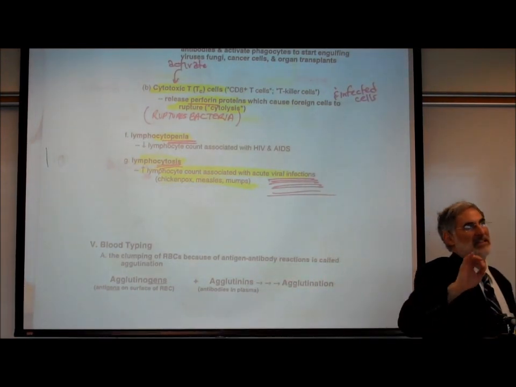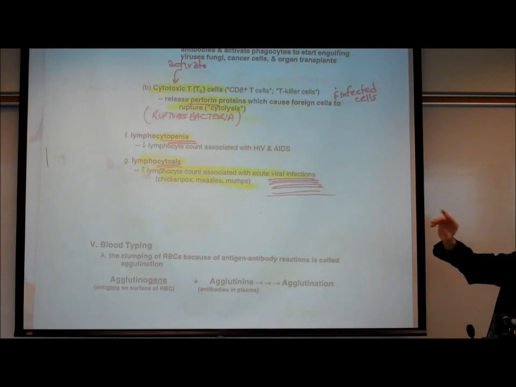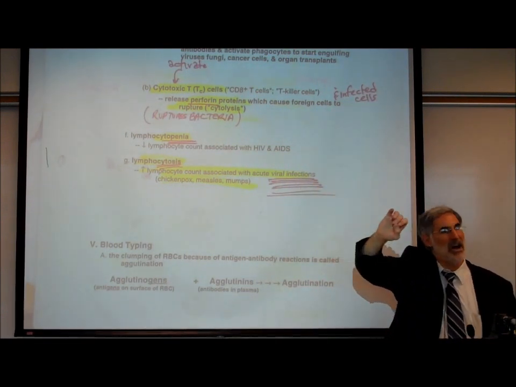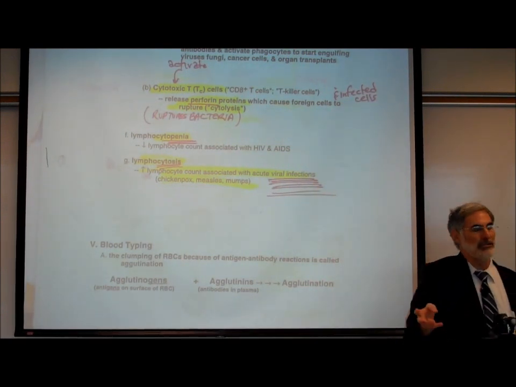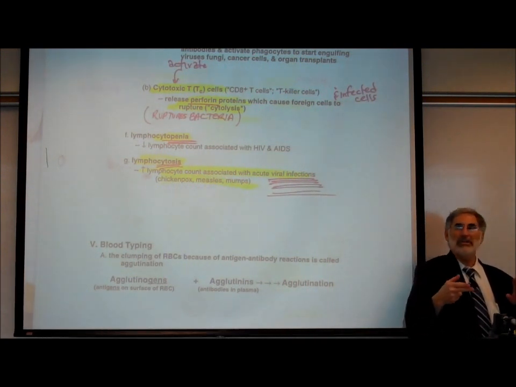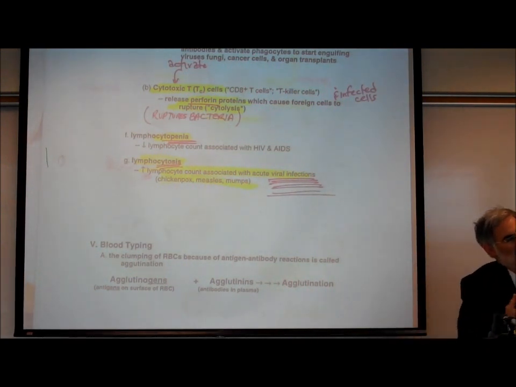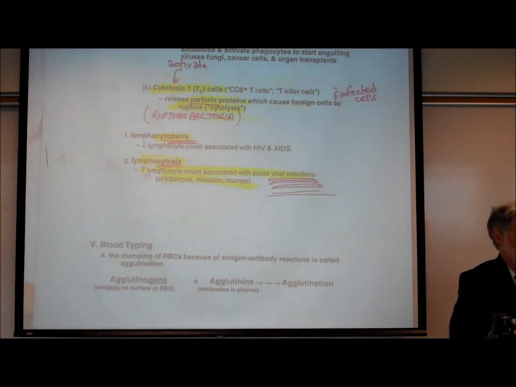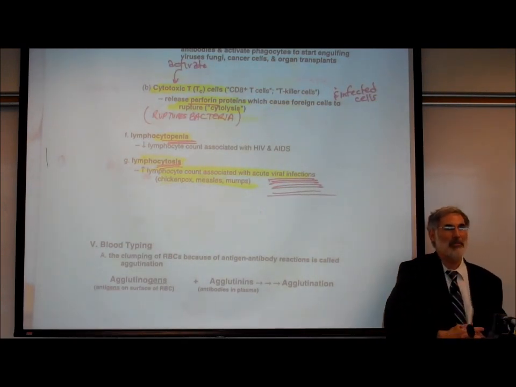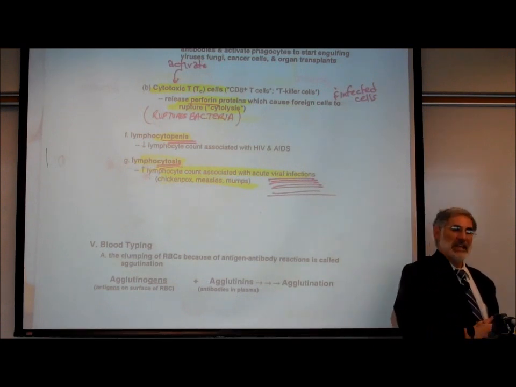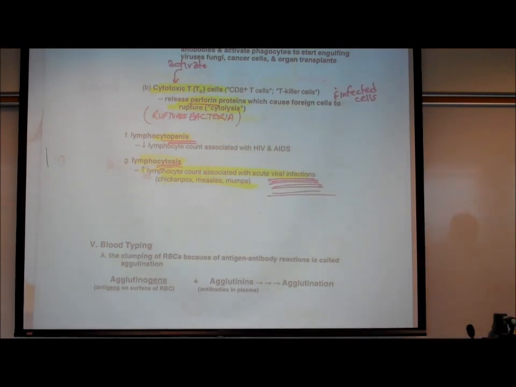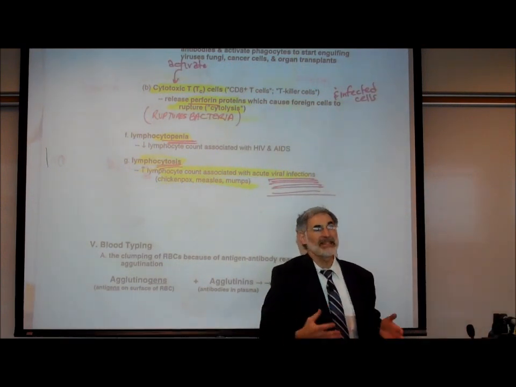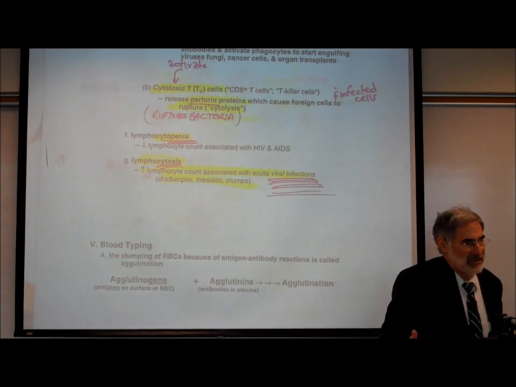HIV is a virus. It stands for human immunodeficiency virus. What does this virus do? You've all heard of it. This virus is a lytic virus that enters and destroys helper T cells. Since the helper T cells play a key role in your immune response, having HIV basically destroys your immunity.